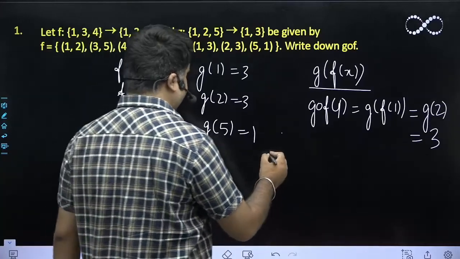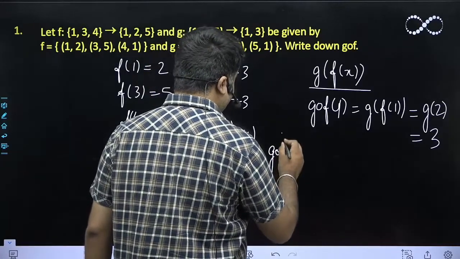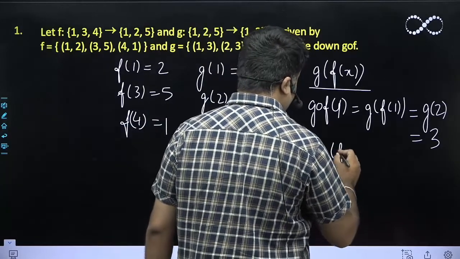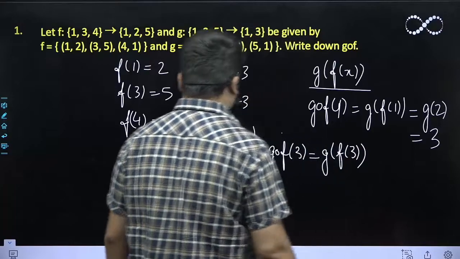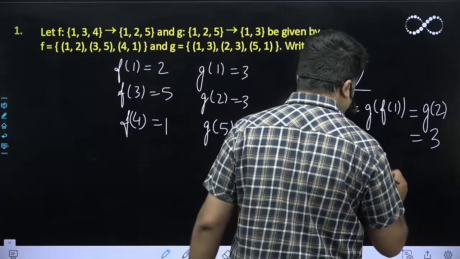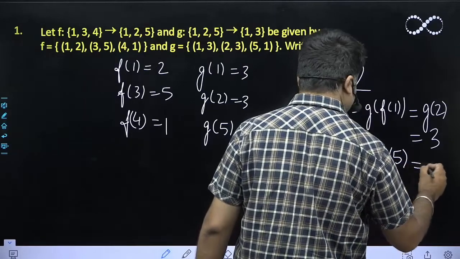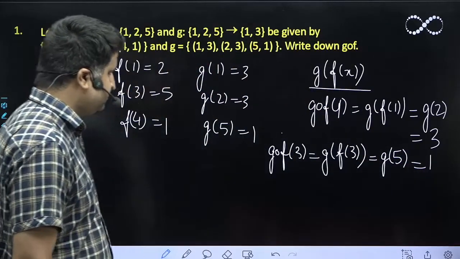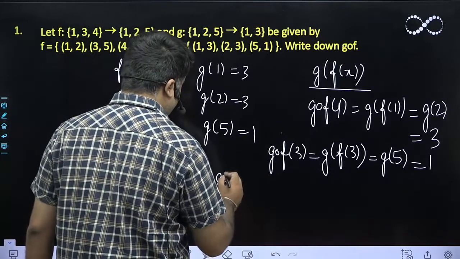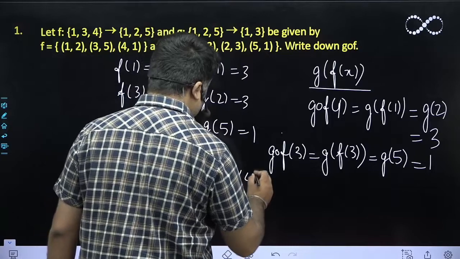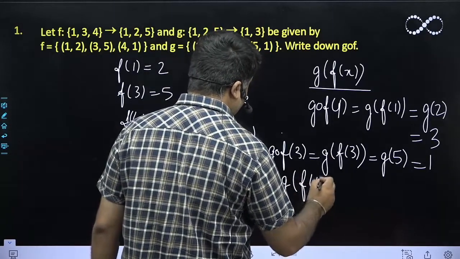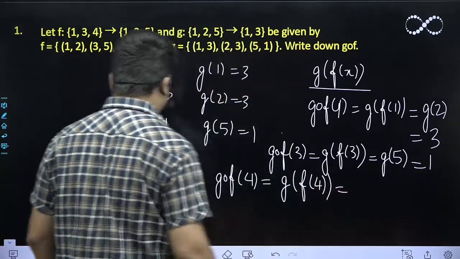Similarly, if we see g(f(3)), now what is the value of f(3)? This is equal to 5. So this becomes g(5), which is equal to 1. Similarly, if we need g(f(4)), now what is the value of f(4)?